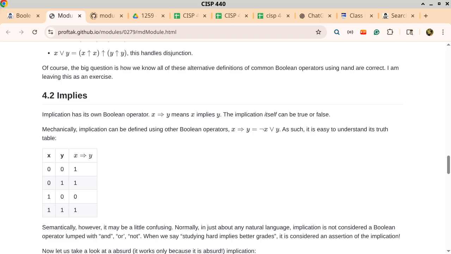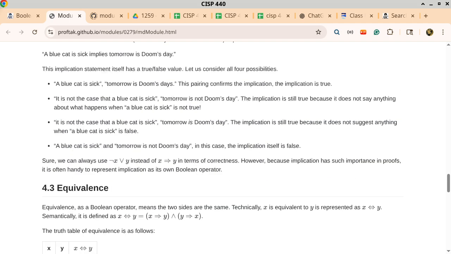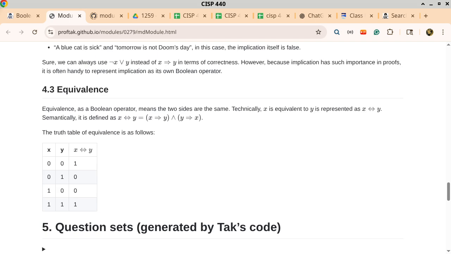All right. And then the last one is called equivalence. And right away, we are reusing the definition of implication. So equivalent to, or being the same, is a double-sided arrow. So x being equivalent to y is exactly the same thing as x implies y and y implies x.